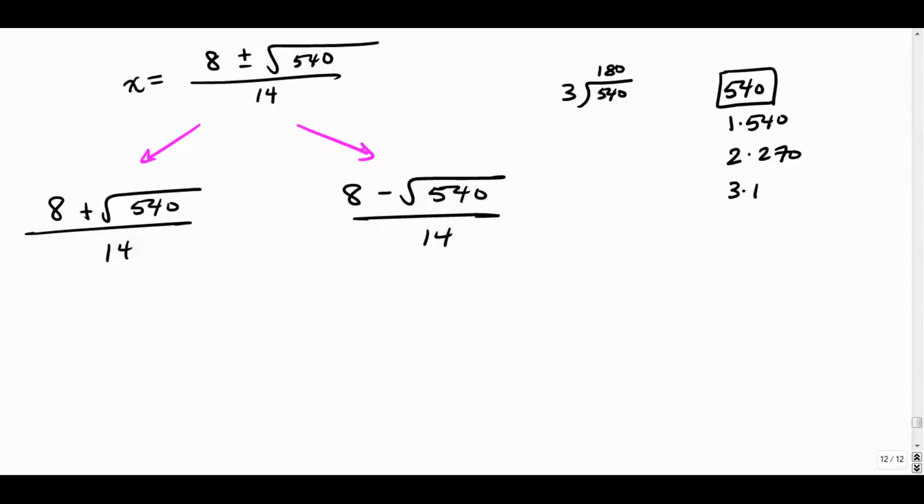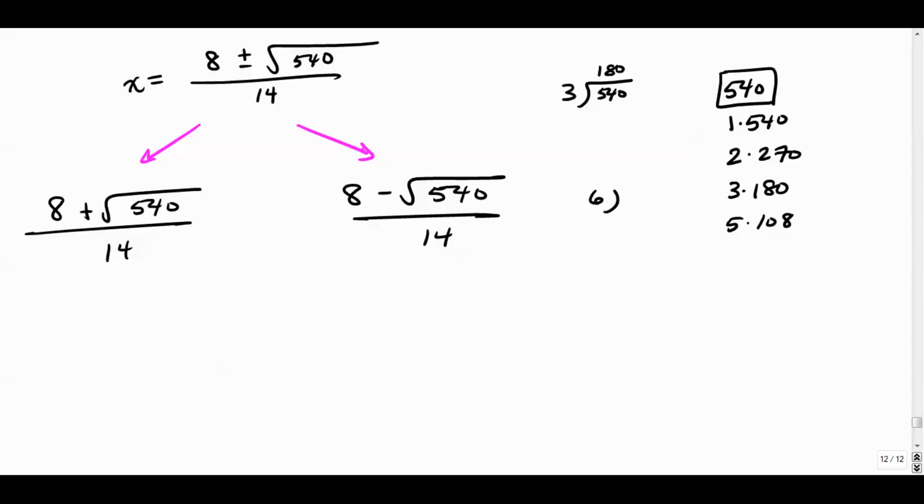So 3 times 180. Don't see any perfect squares quite yet. So does 4 go into 540? Let's see, there's a 1 and a 14. No, that doesn't work. 5 definitely goes into it, I know that much. So it's going to be 108, I think. Again, I don't see any perfect squares yet.